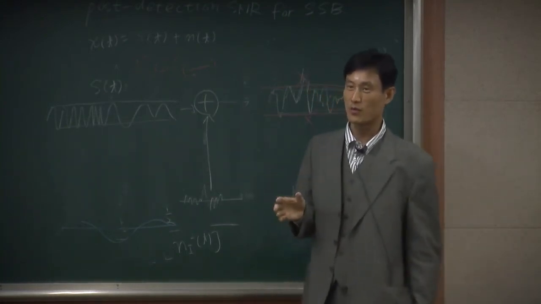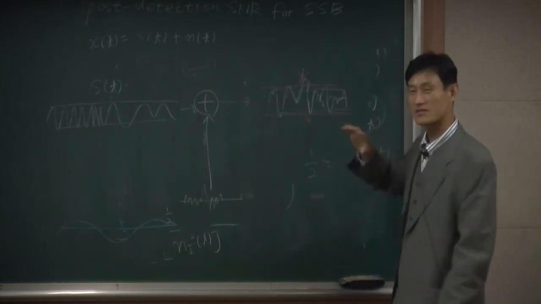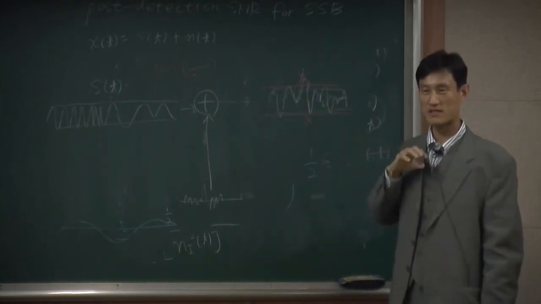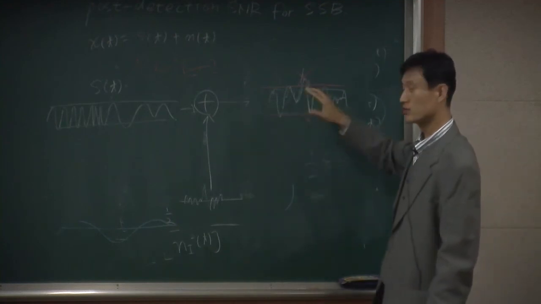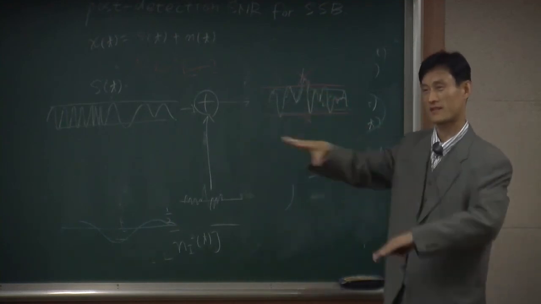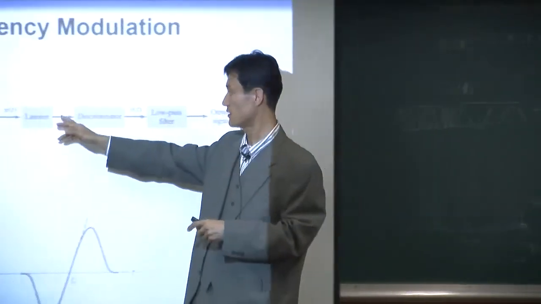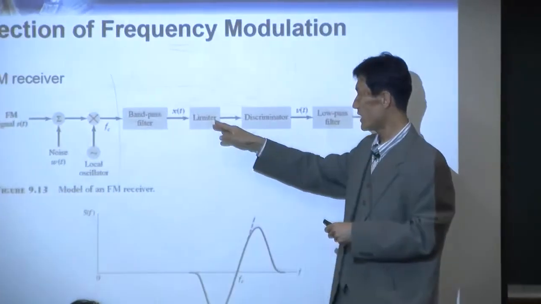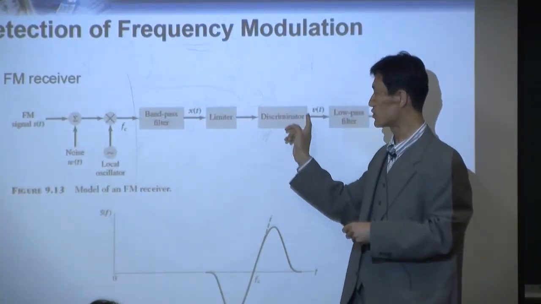We can do that. Why? Because in FM, the amplitude doesn't matter. Our message is inside the frequency, right? So amplitude doesn't matter, so we just cut it. That's a limiter, just limiting the amplitude. And once you do that, the output of the limited signal goes into the discriminator.